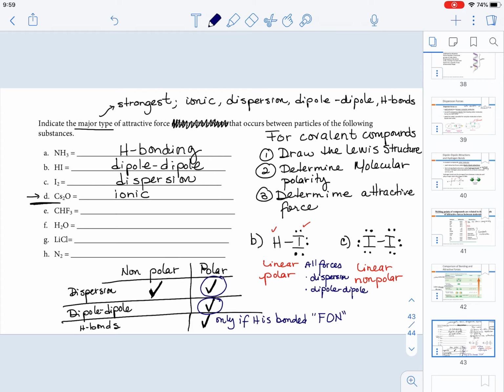But if it comes to what is the strongest out of the two, remember that dipole-dipole is strongest, so that's why for letter B we wrote dipole-dipole as our final answer. So make sure that when questions come up in attractive forces, you check if the question is asking for all forces or for the strongest.